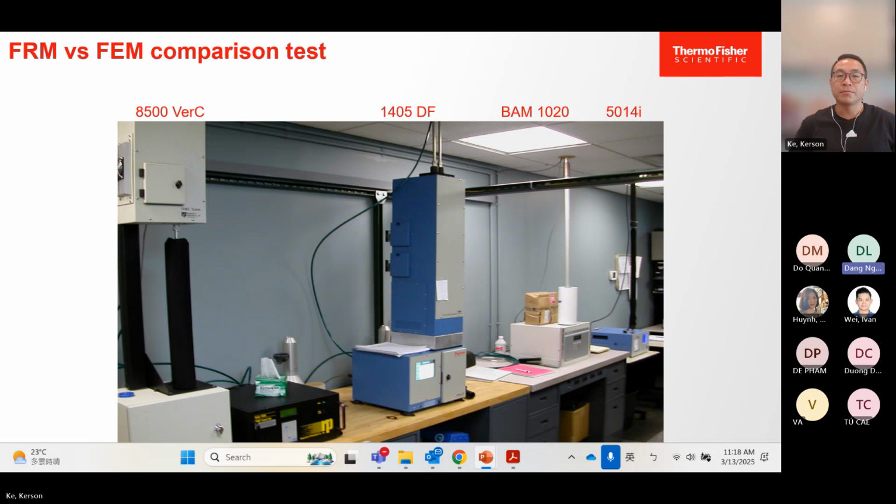As I know, one institute of environment and technology in Vietnam has the TEOM, maybe this 1405 DF.